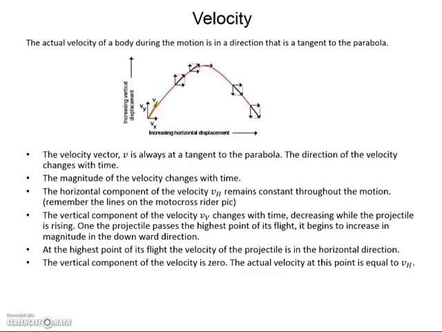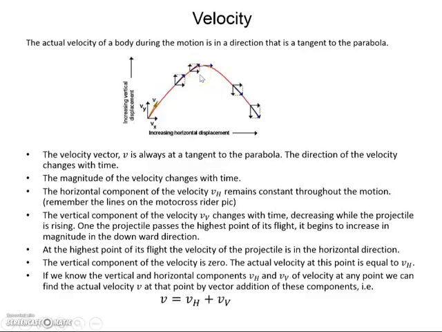So at this point, the vertical component of the velocity is 0, and the actual velocity, so the path that it actually takes, is equal to its horizontal velocity only, because there's nothing else acting on it right at that specific point. Now, if we know the vertical and horizontal components at any point along its flight path, then we can find v, the actual velocity at any point, by adding up these two components.